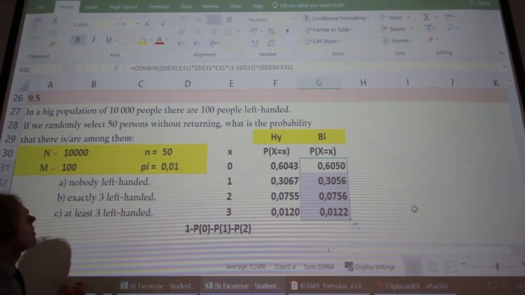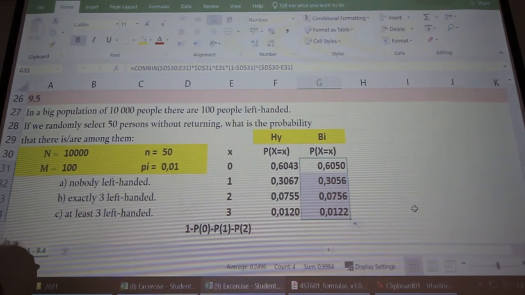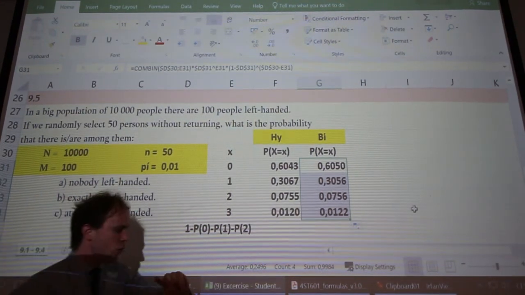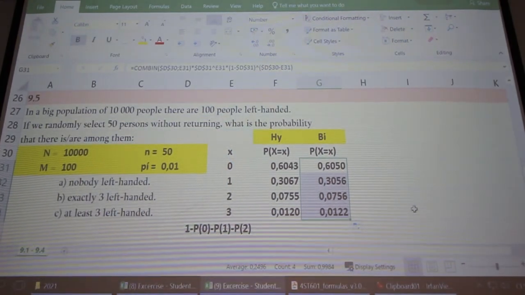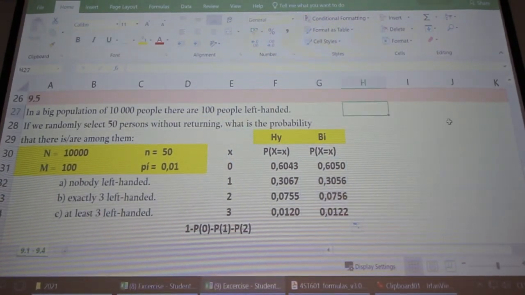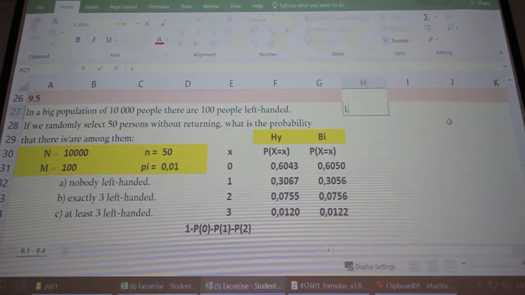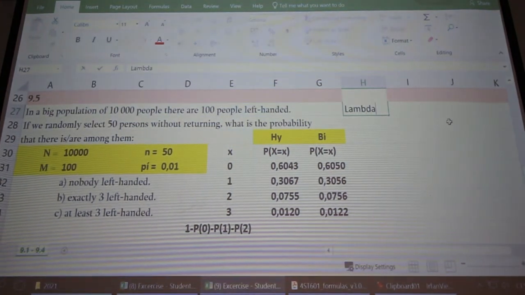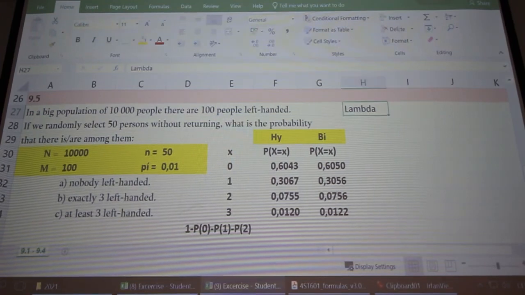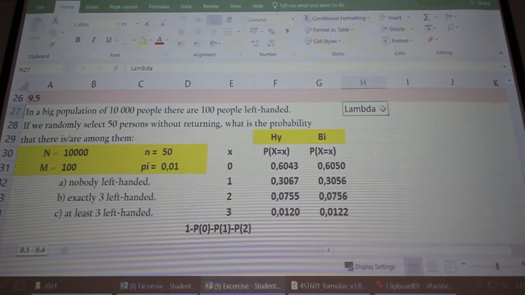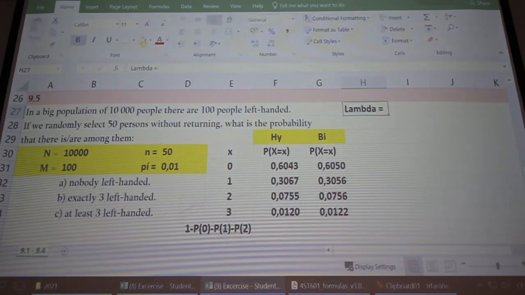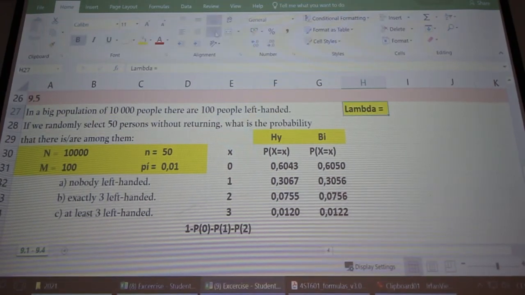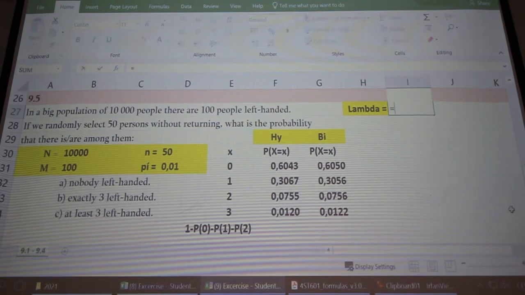So this is the situation of binomial distribution, and finally you remember that we used Poisson distribution. Poisson distribution needs parameter lambda, and this lambda will be equal to, I will use bold, yellow, right alignment, and here lambda will be calculated.